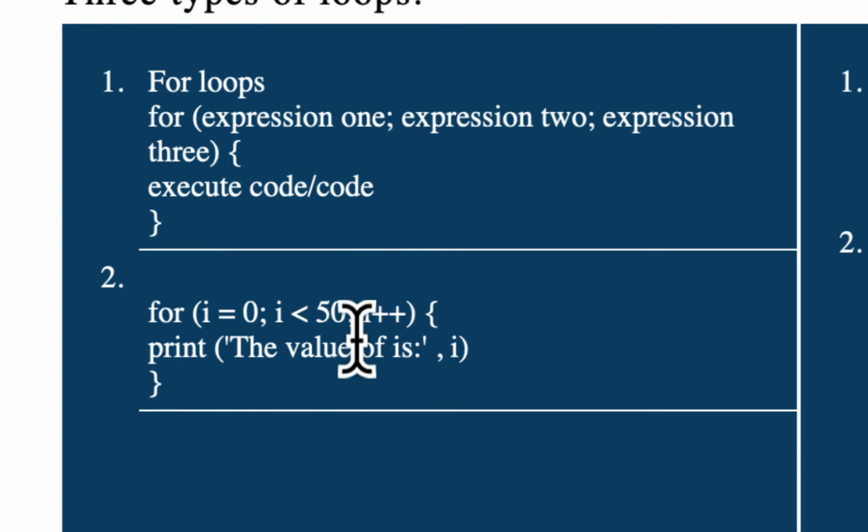In this case, I say if I is less than 50, so it's going to test that one. And then expression 3, because it's looping, we have to add 1 extra to the counter. So we have expression 1, expression 2, expression 3.